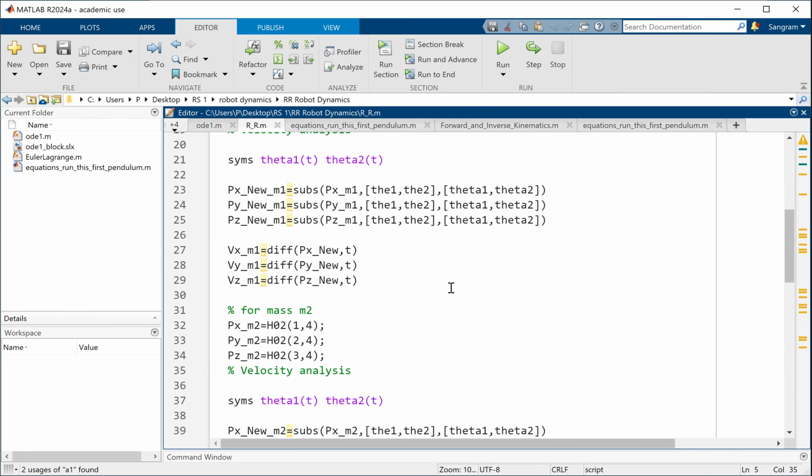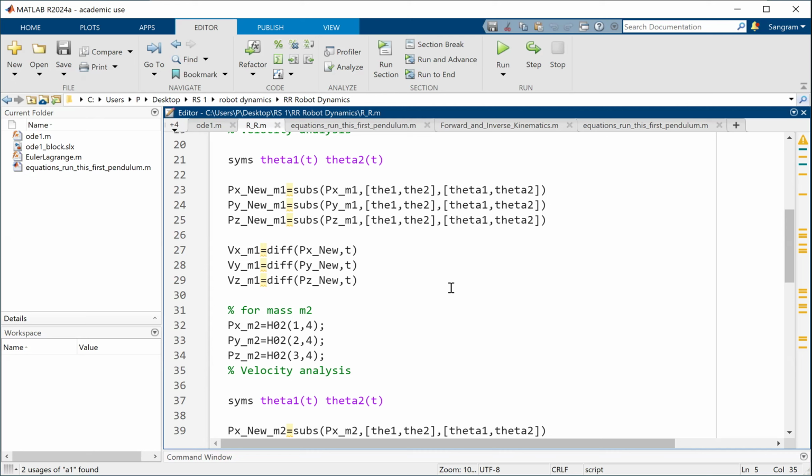For mass M2, I need to find out the first row, 4th column in H02, 2nd row, 4th column in H02, 3rd row, 4th column in H02. So I have the mass 2 location in X, mass 2 location in Y, mass 2 location in Z. Everyone understood this?